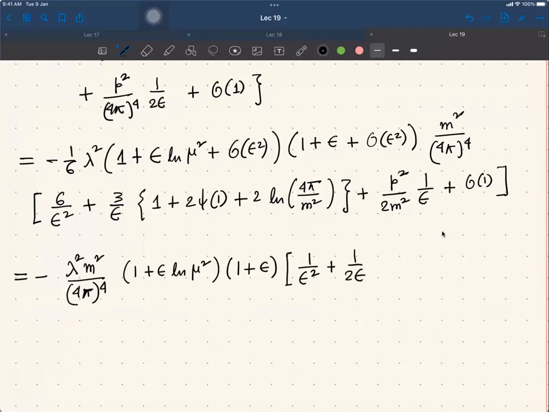I'm taking this factor of 1 over 6 inside here.